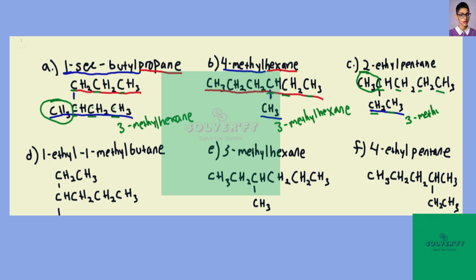Starting to notice a pattern. Hexane. I ran out of room, but that's what it is. There we go. And then 1-ethyl, 1-methylbutane. We have 1, 2, 3, 4, 5, 6 carbons with a methyl group off the 1, 2, 3rd.